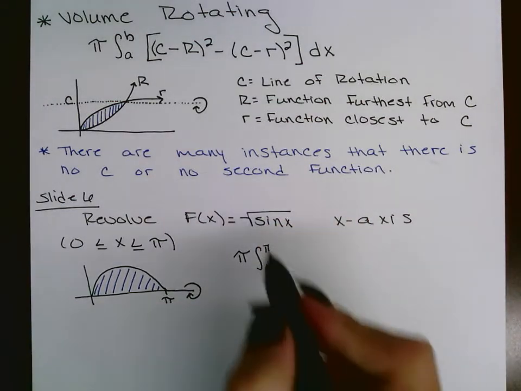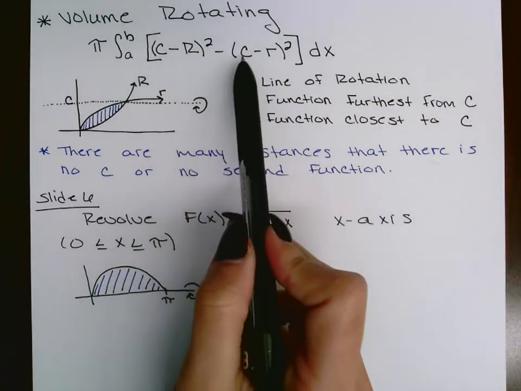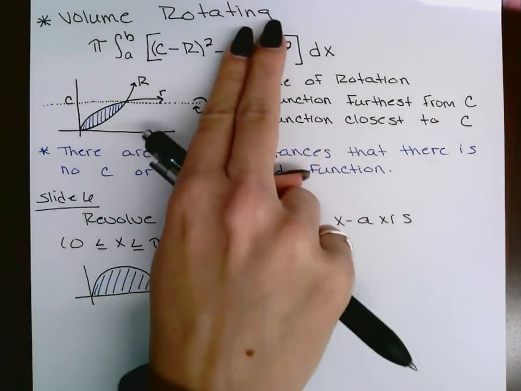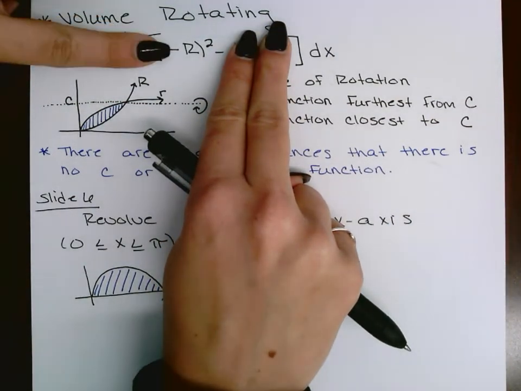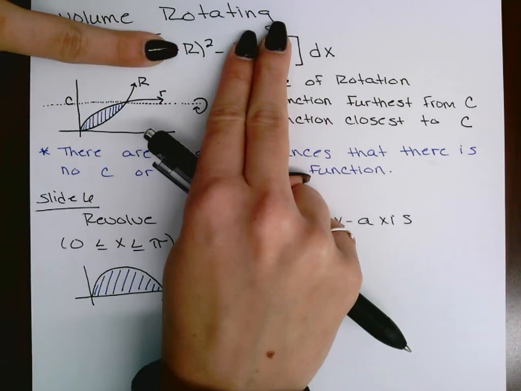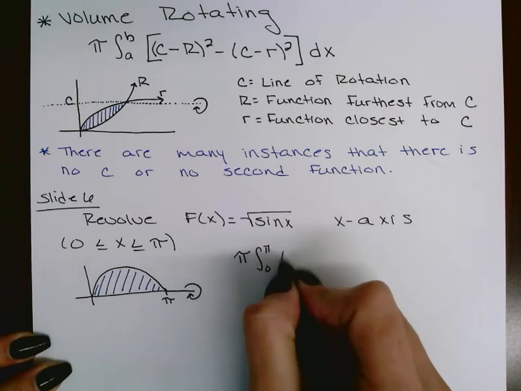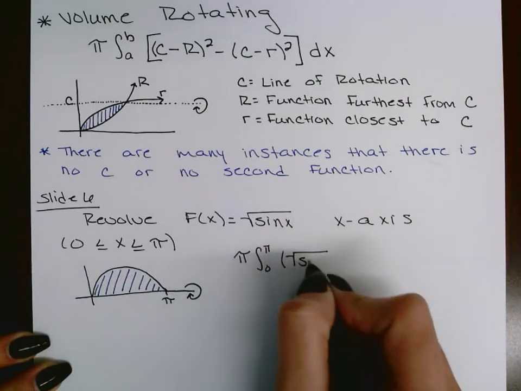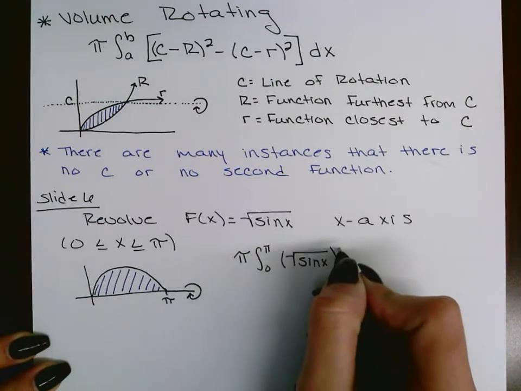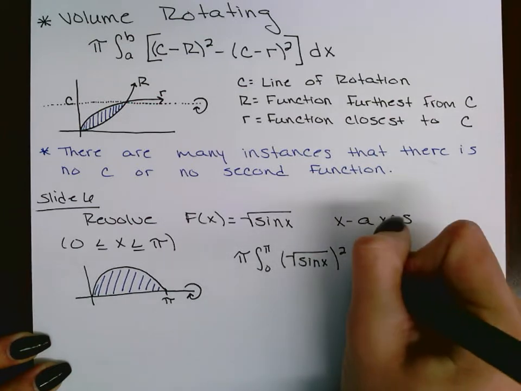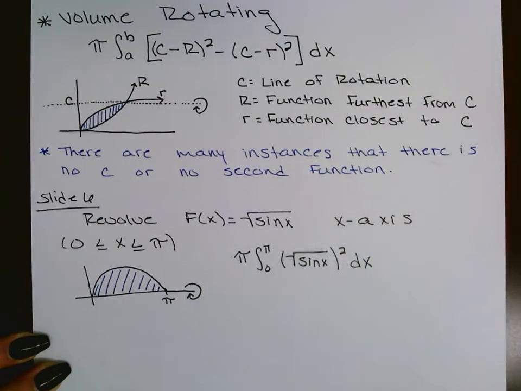And then it is, remember, I don't have the C's and I don't have the second R, so it's like taking this portion out and taking this portion out. So it's just R, which is the function, squared. Okay? So it is square root of sine of x squared dx.